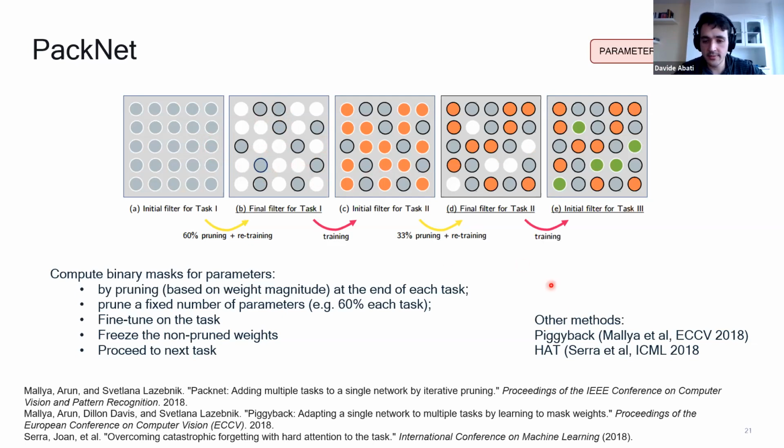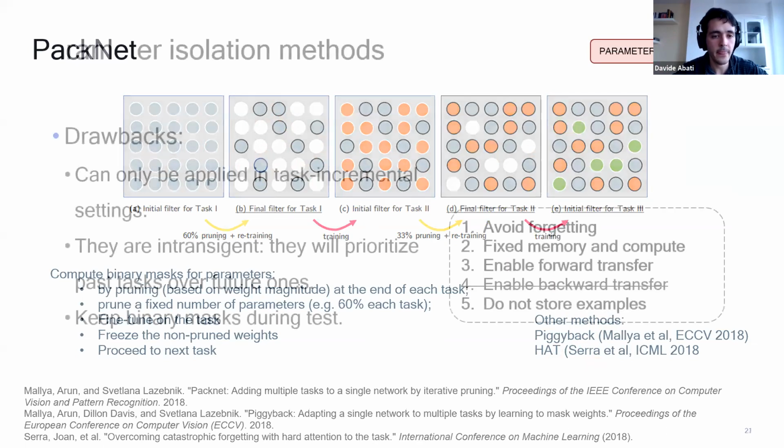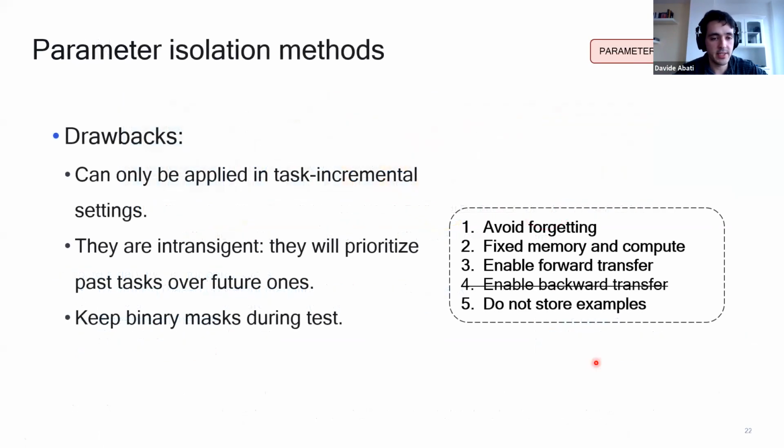Yeah, there are alternatives, Piggyback and HAT. I put them here, but they follow the same reasoning. And also our model that I will explain is kind of similar. So the drawback here is, again, they can only be applied in the task incremental setting, because you have to know how to isolate the mask during test. If you don't know the task, you don't know which weights you should apply.